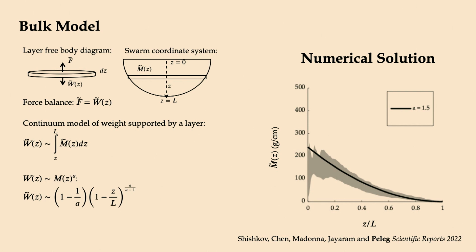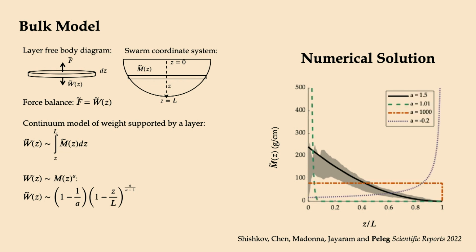We can try to understand how the exponent in the scaling law would change that mass distribution. The gray area here is the experimental data. The black is the exponent that we get from the experimental data, and then there are all these other really non-realistic situations, of course, that the bees would probably never follow, but we have some analytical understanding of them.